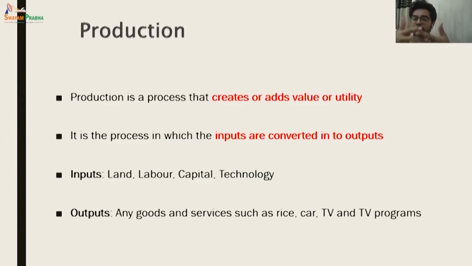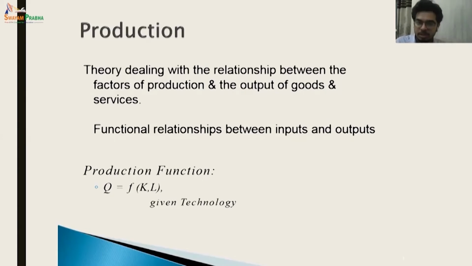So those who are taking it in front of you, bringing it in front of you. So this is a service. The television you are watching, that is a product, a goods, a commodity. So using these inputs, land, labor, capital, and technology, any goods or services that are produced or manufactured will be called as outputs.